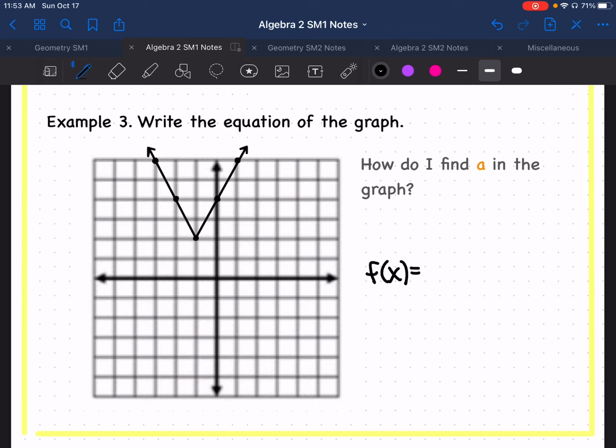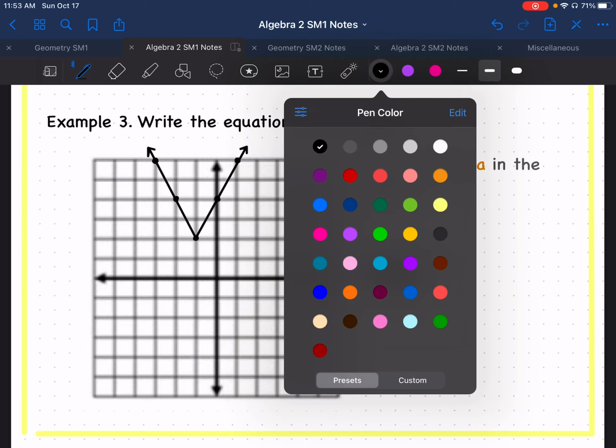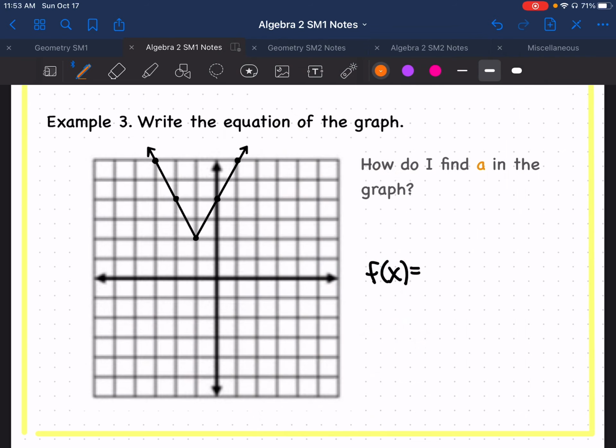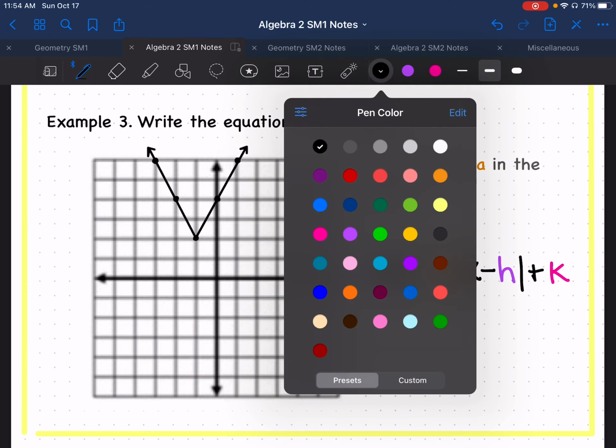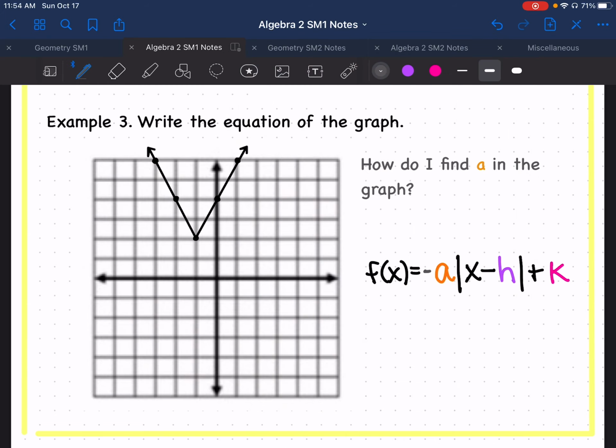Let me go ahead and get it all ready. Sorry about all the different colors, but there we go. I'm going to use this vertex form to help me out. And then remember, there could be a negative right there as well.